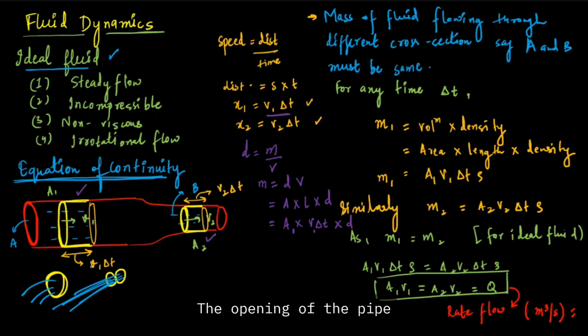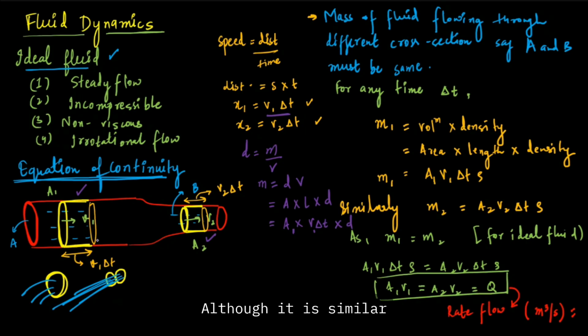The opening of the pipe which is connected to the tank of a house has a much larger opening, like the area is more, whereas the tap which we use at our home has a smaller opening. That is the reason why when water comes out from a tap, it has a very high speed, whereas when water goes into the tank when we turn on the motor to fill it, that velocity is not that much.